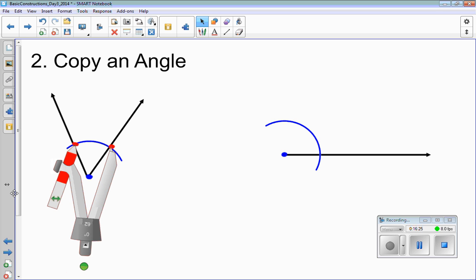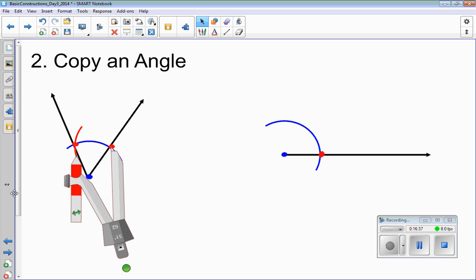Once I have it measured, I'm now going to come over here, because this is going to be the one side of my angle, and I'm actually going to make a mark over here first. Make a mark so we know. It should intersect at that point.